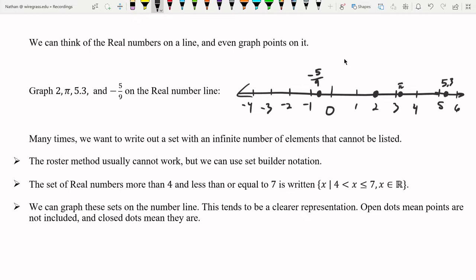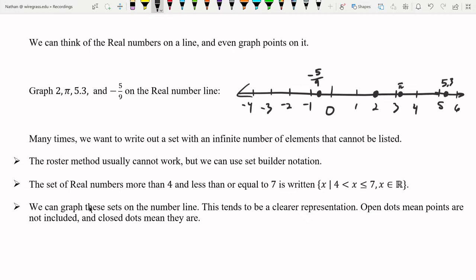Now, many times we want to write out a set that has an infinite number of elements that can't be listed. As we've talked about, the irrational numbers can't be listed, and therefore the real numbers can also not be listed. Now, the roster method, of course, won't work, but we can use set builder notation to describe what we're talking about.